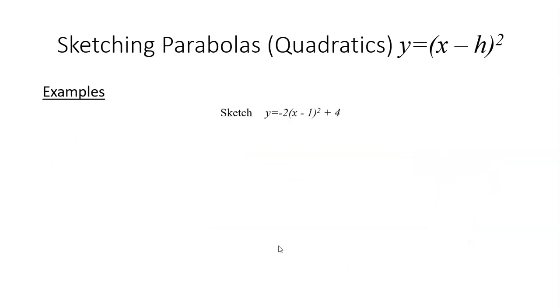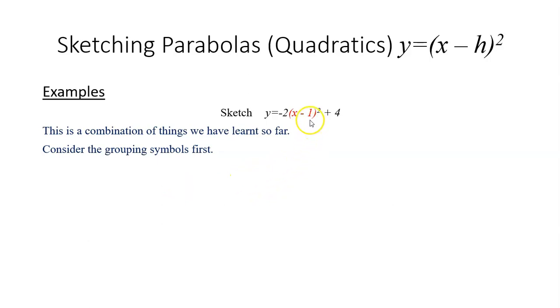So let's have a look at a more difficult one. Here we're going to put a few things together now that we've learned in the last couple of videos. So here's my x minus 1 all squared, and then I'm going to change the dilation, so multiply by a number out the front, and then I'm going to shift it up 4 units. Okay, so we're going to do this in a couple of steps.